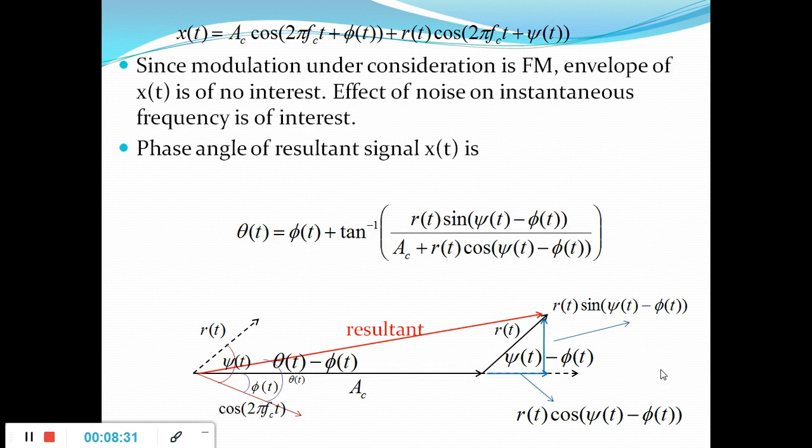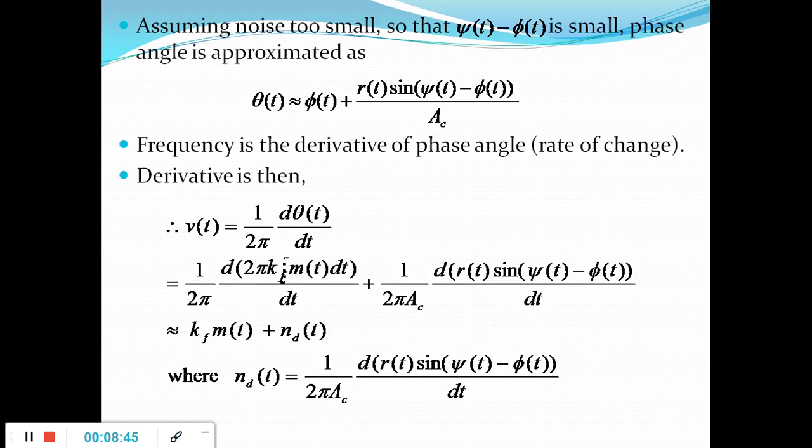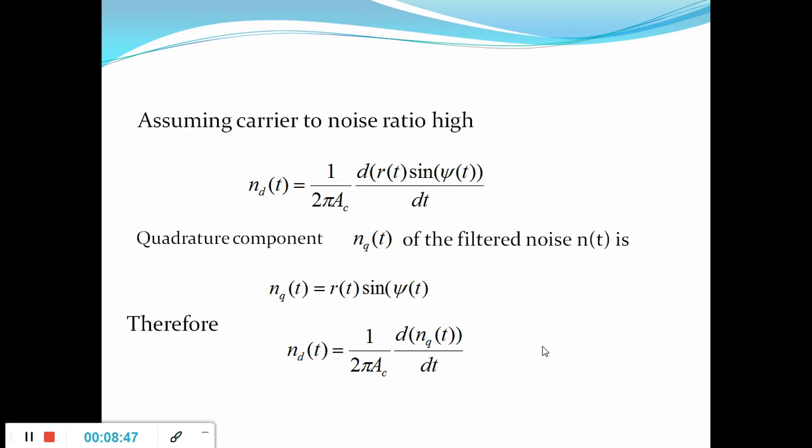So, here the quadrature component is r of t sin psi of t. Here psi of t minus phi of t is approximated to psi of t if the signal component is much larger than the noise component. So, therefore, the quadrature component of the narrowband noise is r of t sin psi of t. Therefore, nd of t equal to 1 by 2 pi AC d by dt of nq of t.